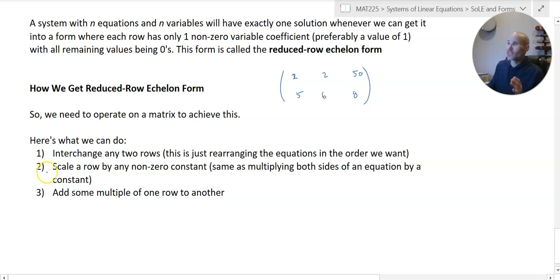We could also do this. We could scale a row by any non-zero constant. Scale just means multiply a row by any non-zero number. The reason I want it to be non-zero is if I multiply a row by 0, game over. We just zeroed everything out. But if you think about why this is possible, remember, the first equation, the way I have it written now, is 2x plus 2y equals 50, and I want that coefficient of x to be a 1.